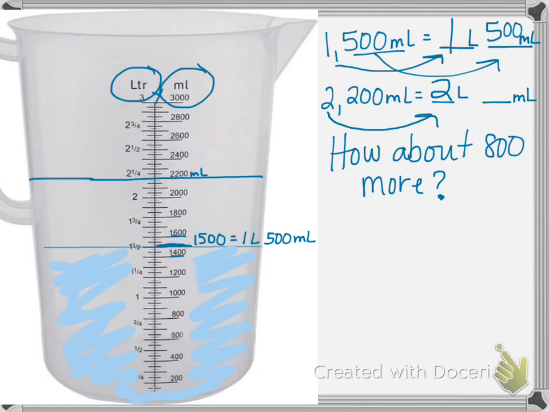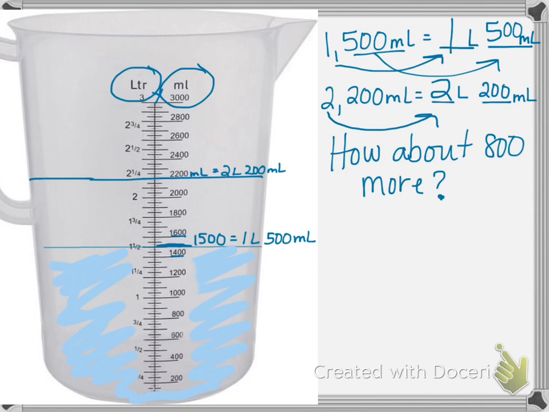For every 1,000 becomes a liter. And then I'm left with 200 milliliters. So if this were written on the beaker, it would say 2 liters, 200 milliliters. They actually turn it into fractions on the left side there, instead of liters and milliliters.